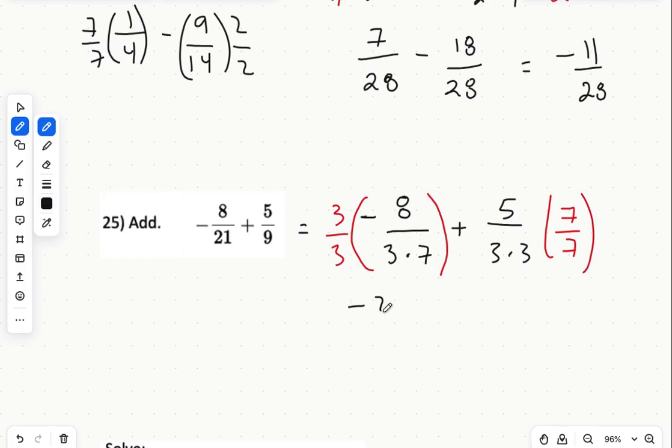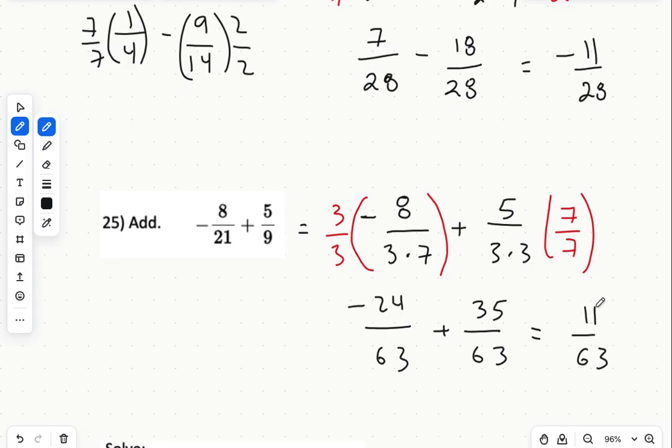So we got negative 24 over 9 times 7 is 63, plus 5 times 7 will be 35 over 63, and so that's down 11, so that should be 11 63rds. With all these, I didn't say it back here, but 11 and 28 don't have anything in common. 11's prime, so that doesn't reduce. 11 and 63, nothing in common, so I don't have to worry about reducing.